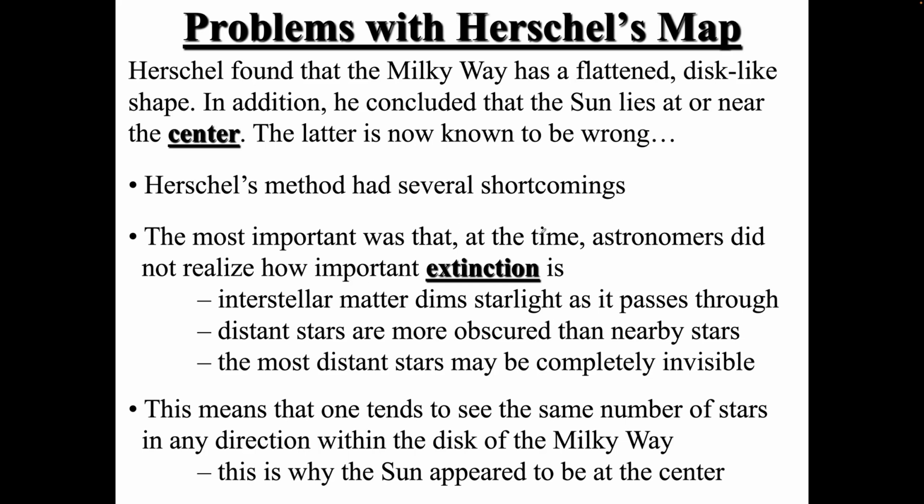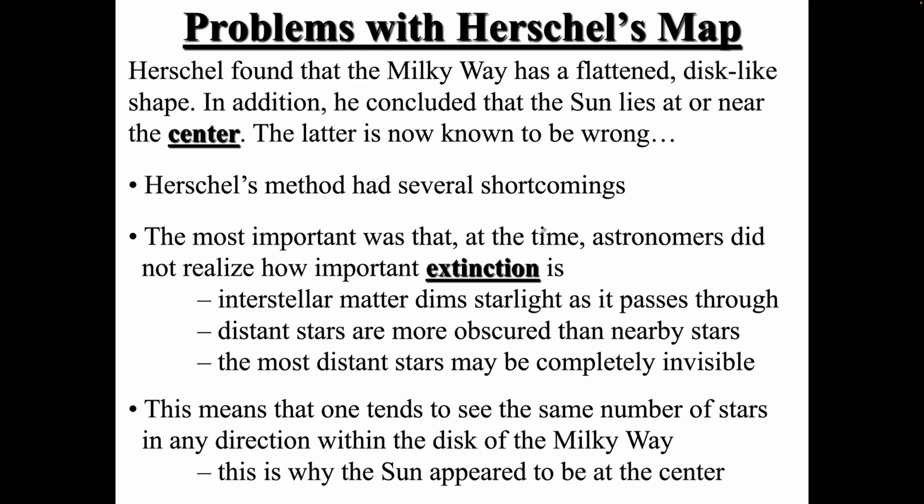So that means he did not realize this factor called extinction. I can't remember whether we discussed this before. Actually, when you look at the sky, the light coming to you sometimes has to go through this interstellar matter, which is basically gas and dust.